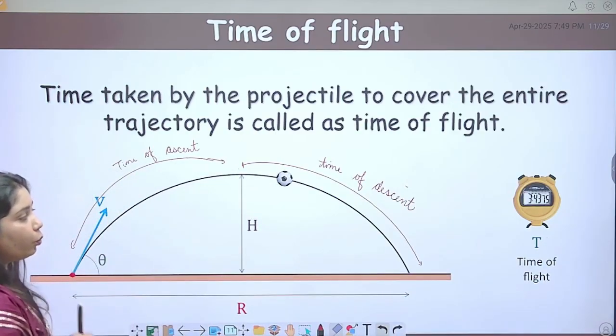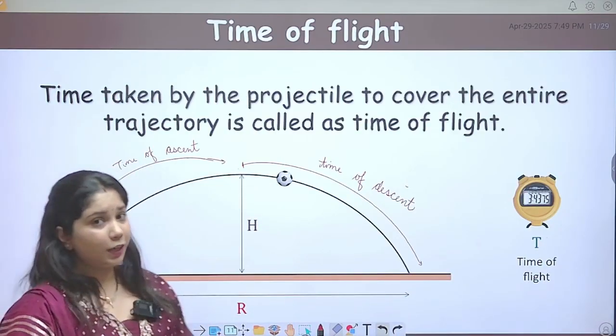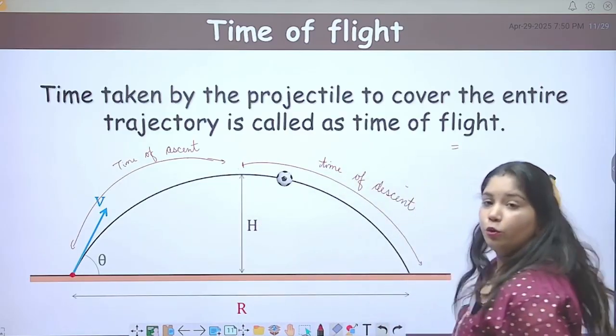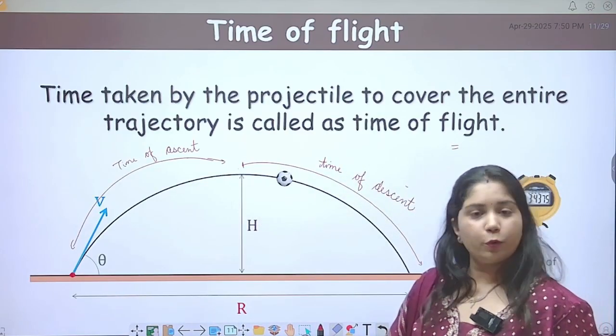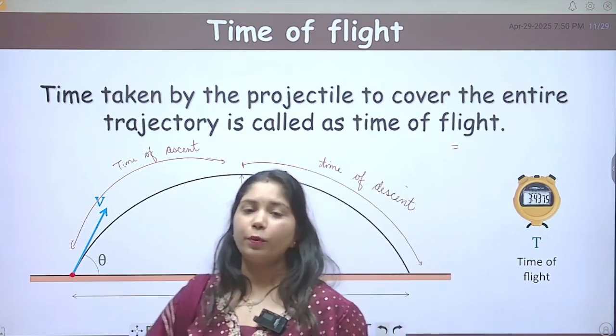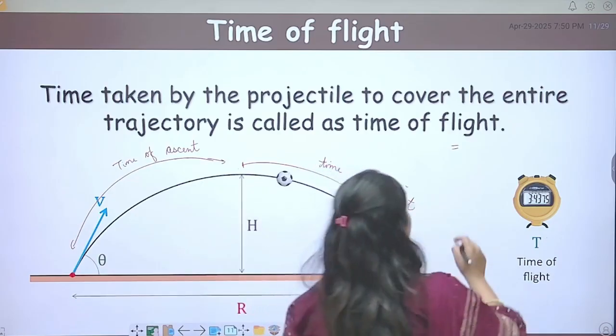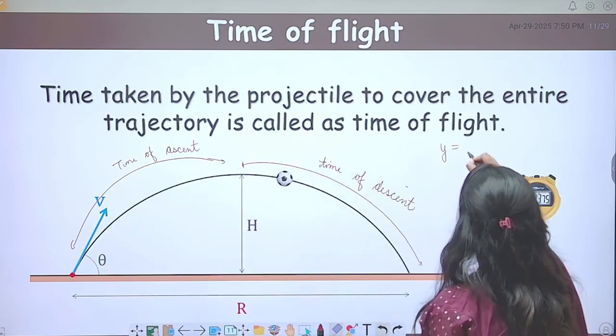How will you derive the formula for time of flight? See, you are familiar with the second equation of motion, that is s equals ut plus half at square. Here displacement I am taking as y.